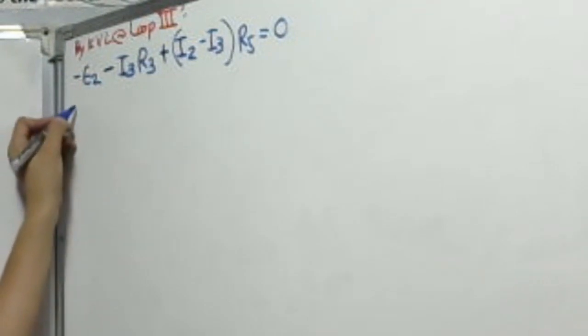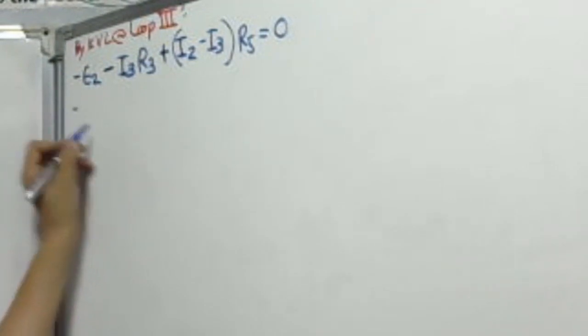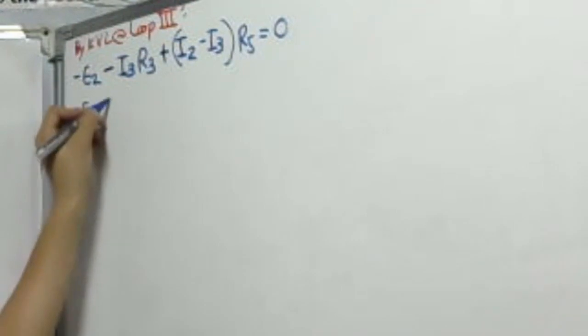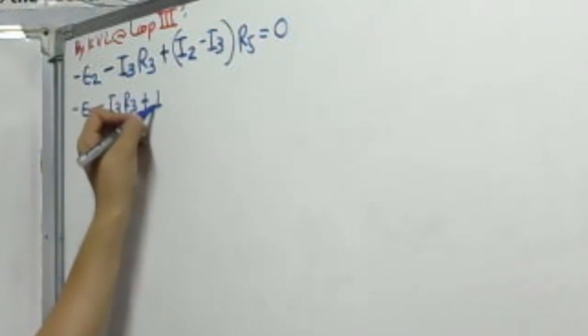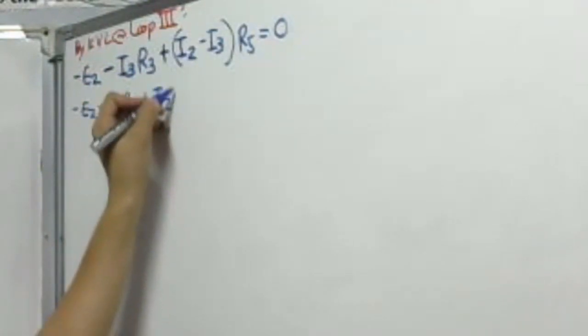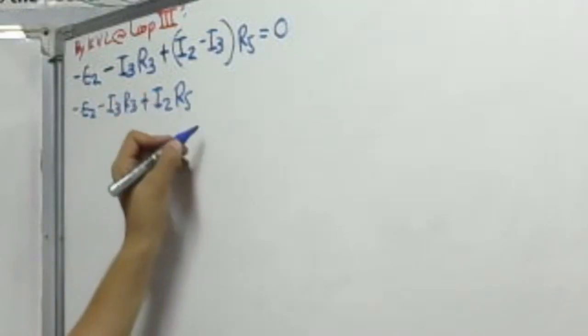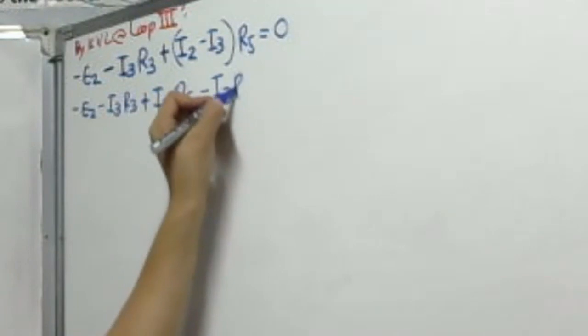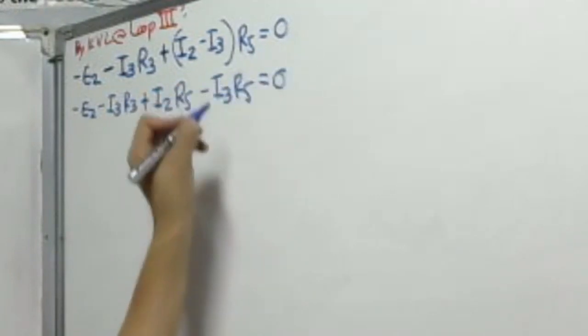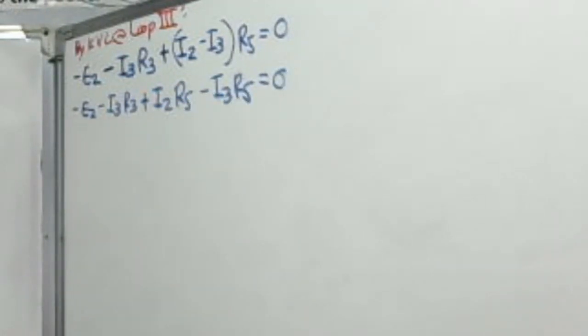So let us have here negative E2 minus I3, R3. Let us distribute this. So that is plus I sub 2, R sub 5. So this is minus I sub 3, R sub 5. That is equal to 0. Okay?